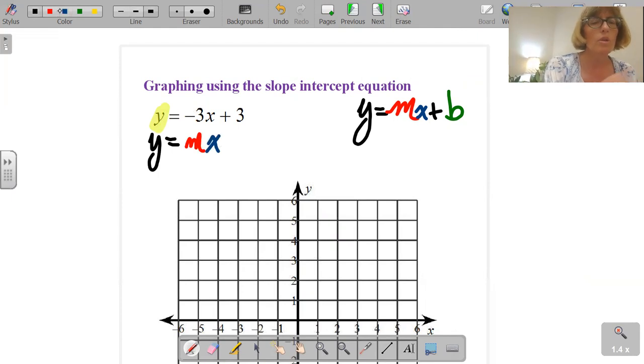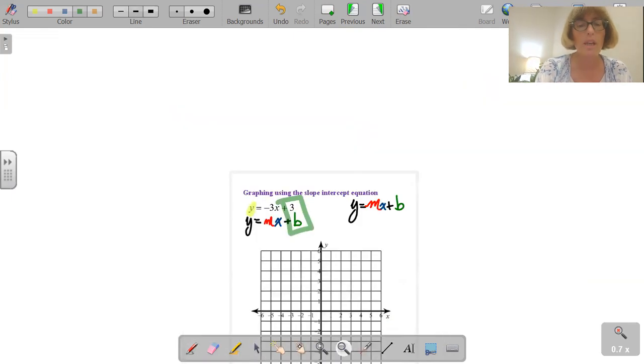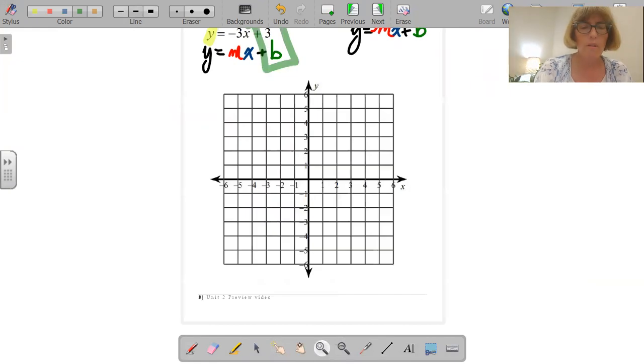mx plus b. Now we establish what is our b. Our b is +3. That is the y-intercept. So our y-intercept starts at +3, which is 0, 3.